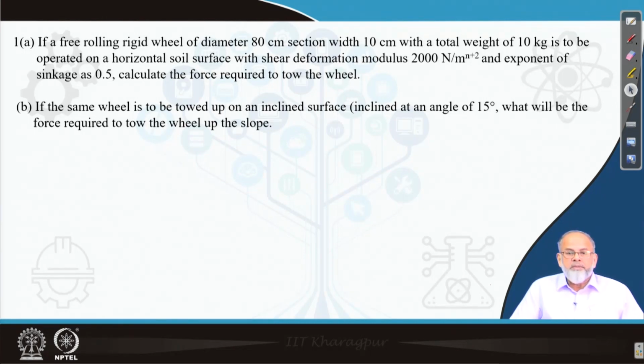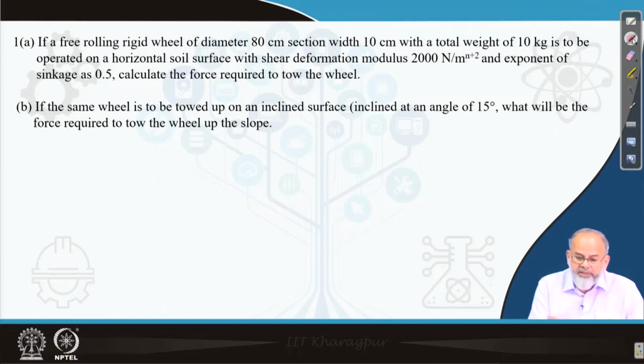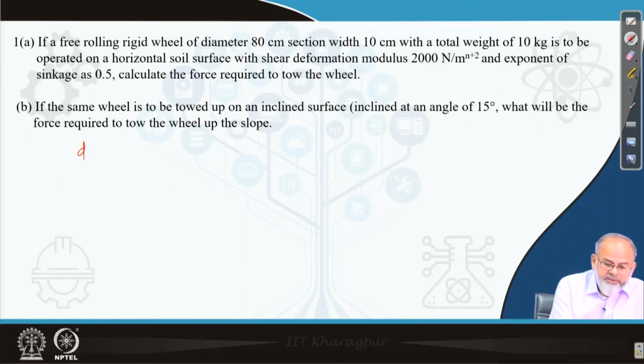Under these conditions, you have to find out the force required to tow the wheel. So, the information which is given is very clear. One is diameter, which is 80 centimeter. The other one is section width, B, which is 10 centimeter. And the weight which is acting on the wheel is 10 kg.